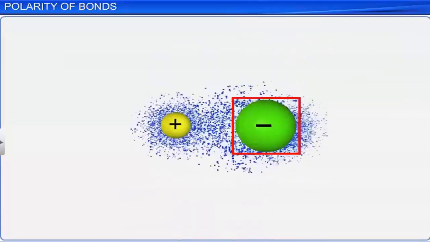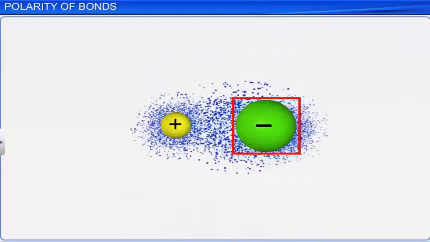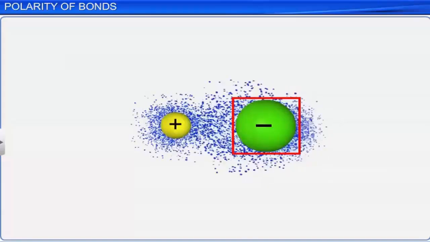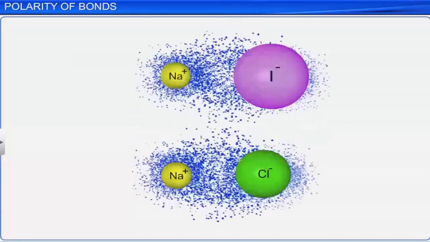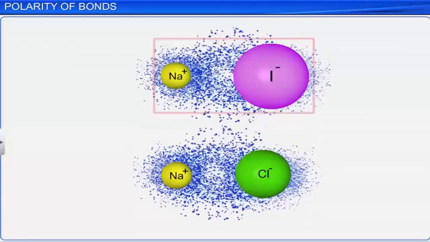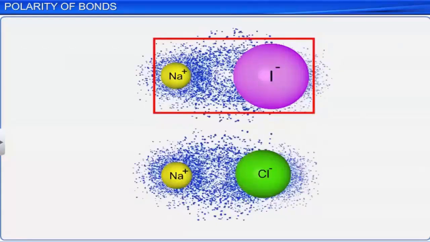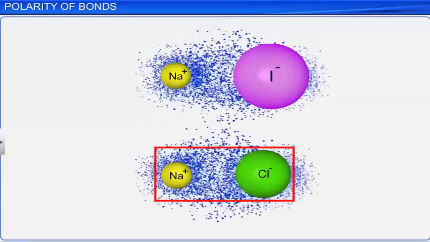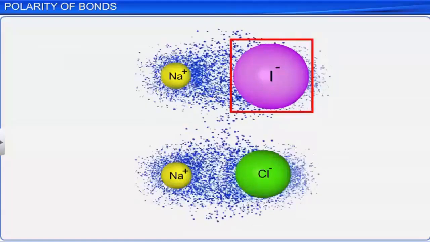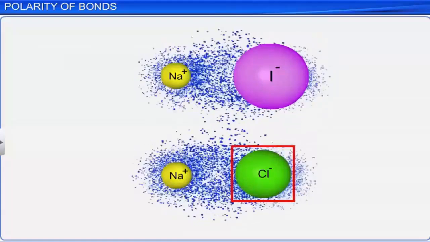The larger the size of anion, the greater is the covalent character of the ionic bond. For example, sodium iodide is more covalent than sodium chloride because the iodide ion is larger than the chloride ion.